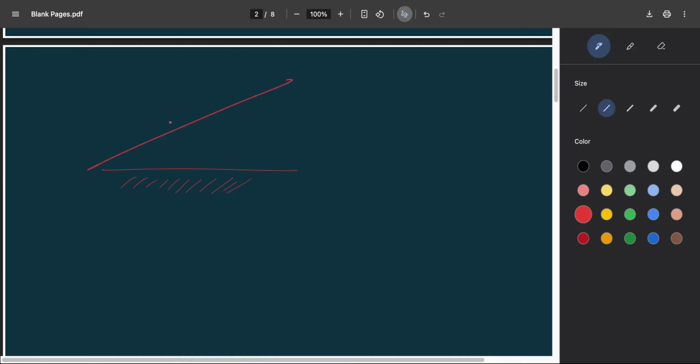If I ask which portion of this rod is going to get projected in this mirror, I will say basically this portion, from this point to this point.